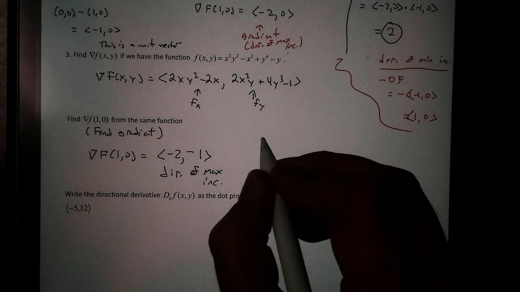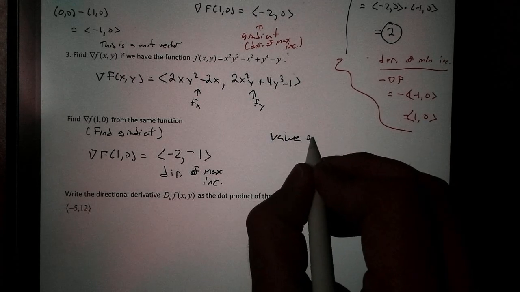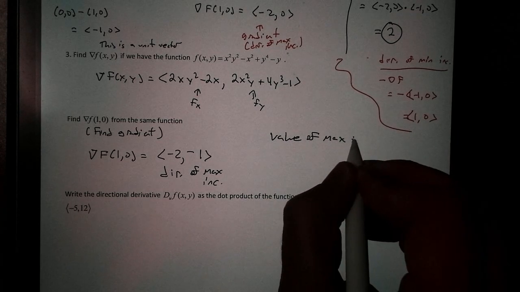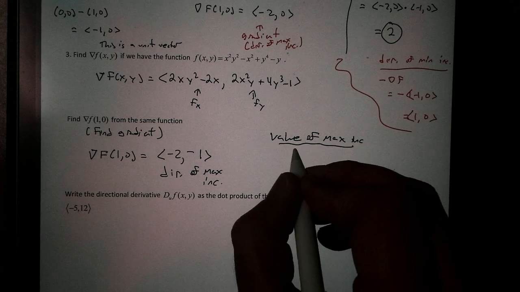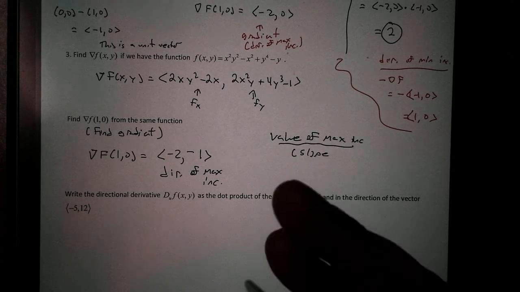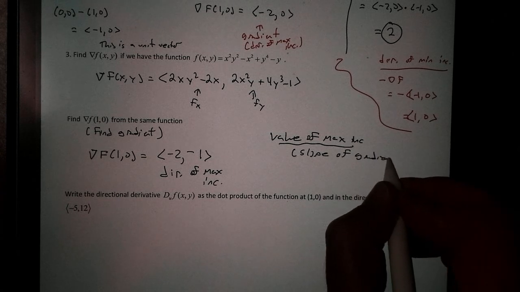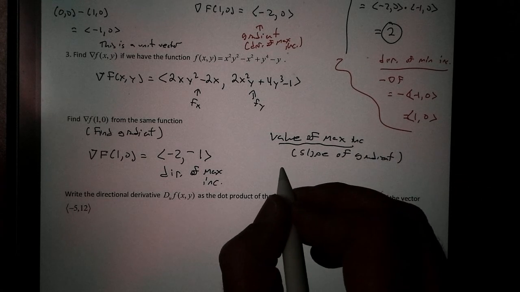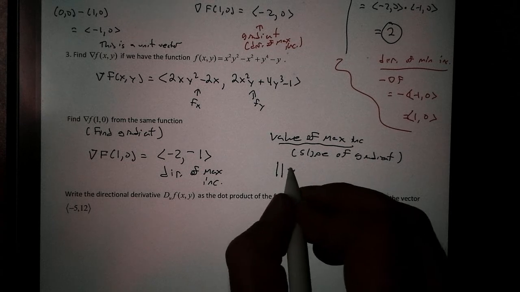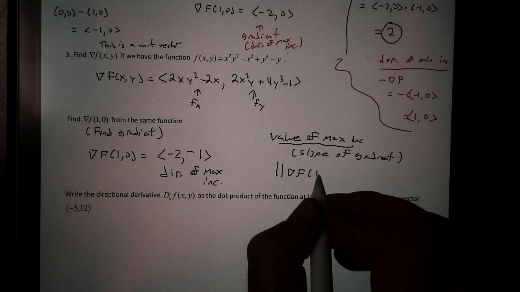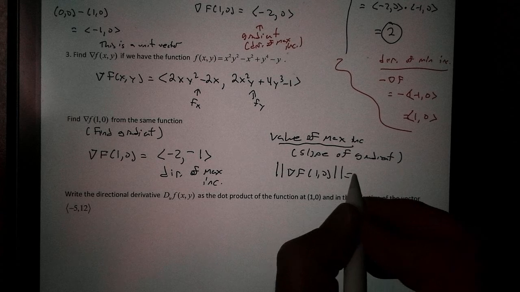If I want to find the value of that maximum increase, again, this is free today. In other words, I want to find the slope at that point. I want to find the slope of the gradient. So that is going to be the magnitude of del f.